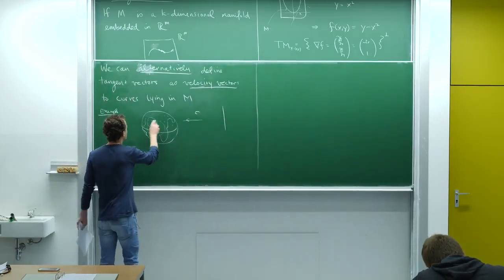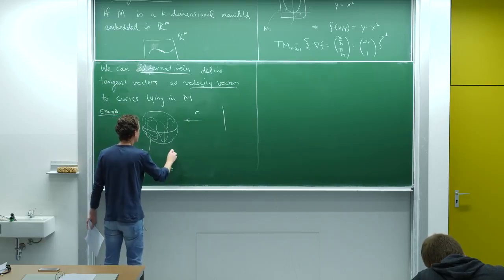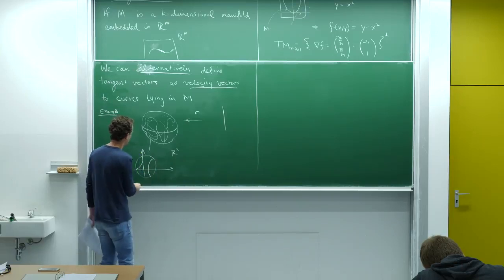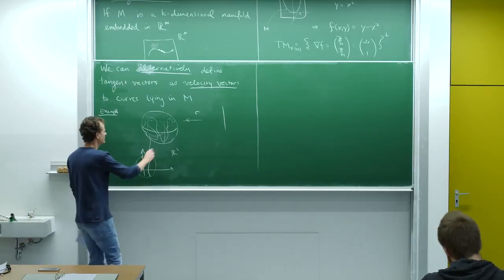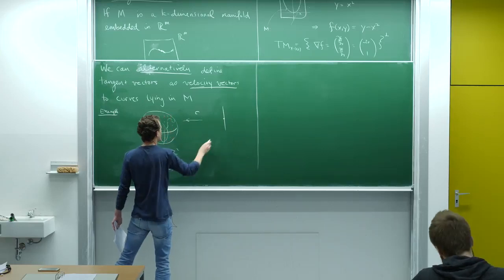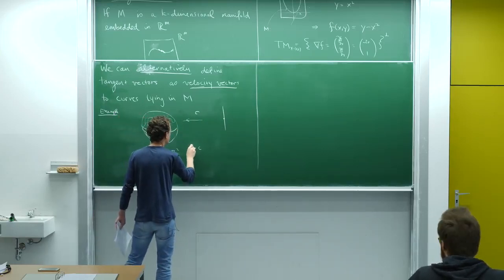We take some chart to R^2, and it looks something like this. That's the curve. In this case, it's sort of two pieces of the curve that land in that chart. And then you take velocity vectors of this function, first c, then phi.